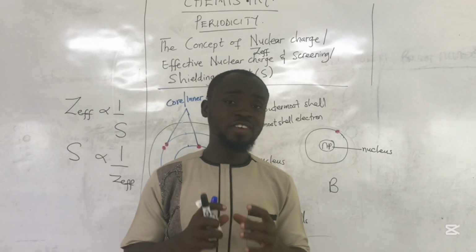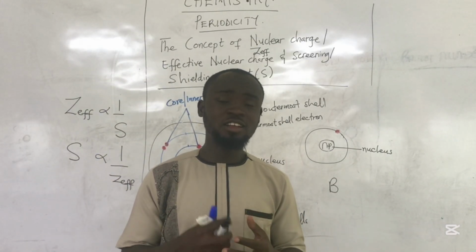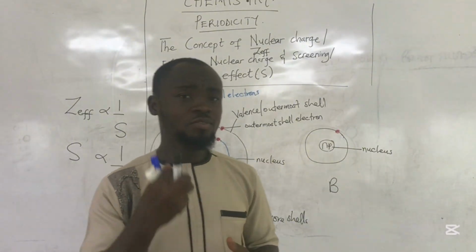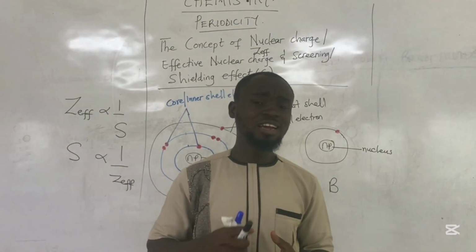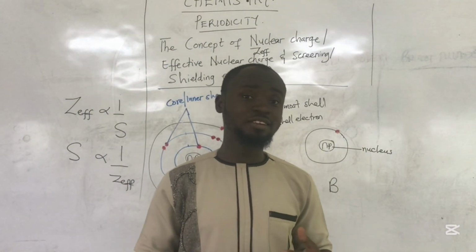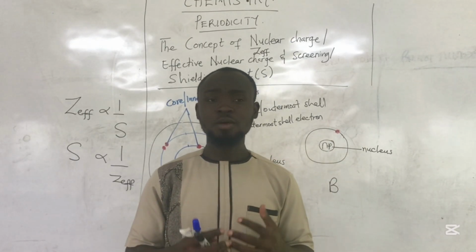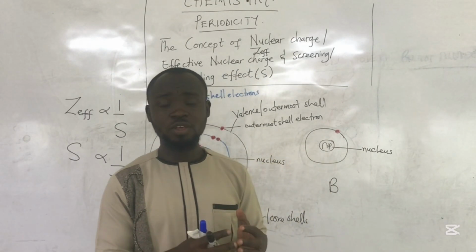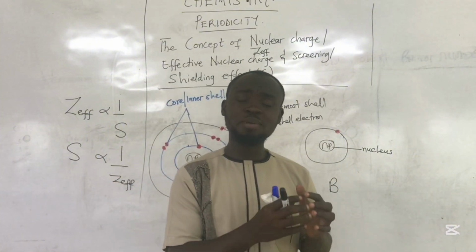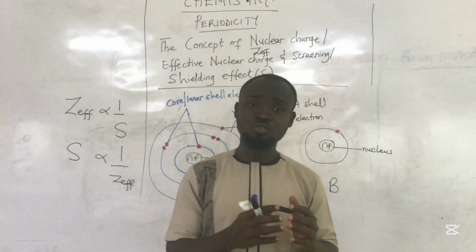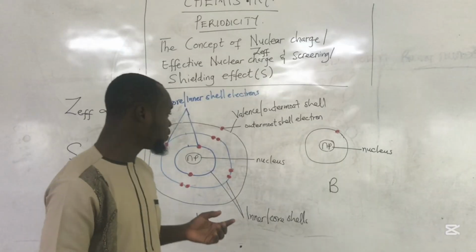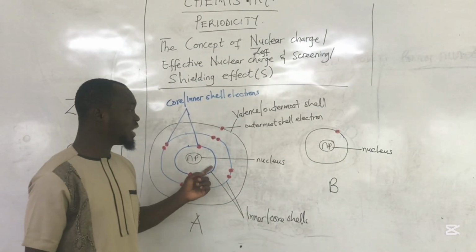Conclusively, we said that nuclear charge is an electrostatic force of attraction that exists between the protons and the electrons in an atom. But when we take some atoms, we have a limited number of shells. So first of all, I said we have what we call the inner shell, and then the last shell.